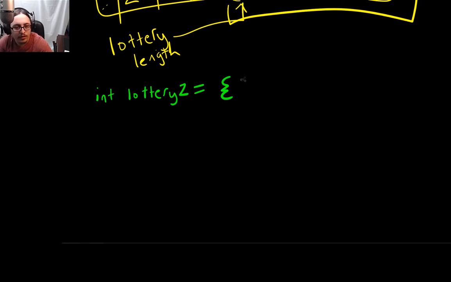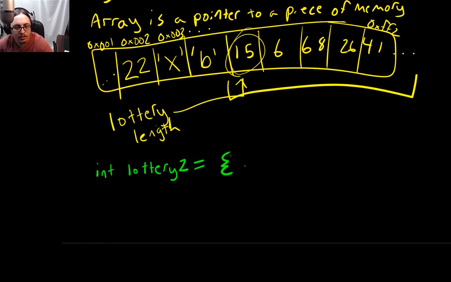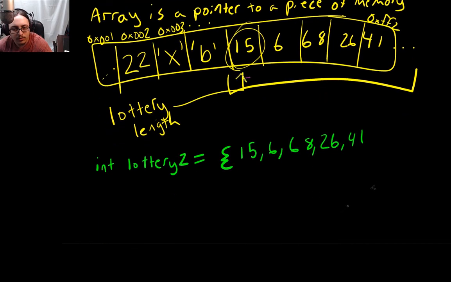So we're going to give it the same values: 15, 6, 68, 26, 41, and 2.